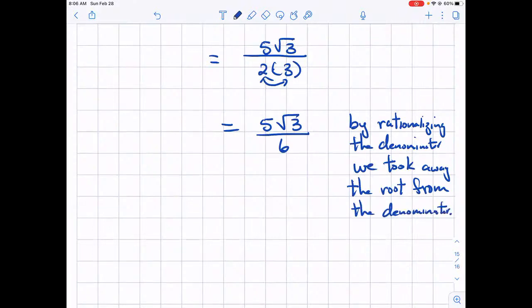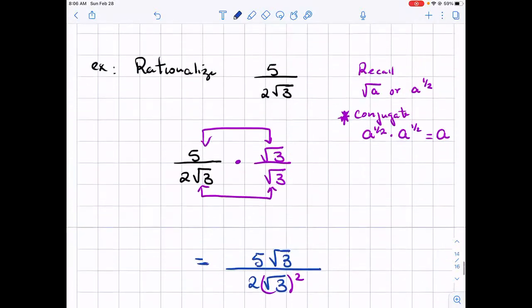If we had been asked to rationalize the numerator, we would have taken away the root from the numerator. In this example, there was no root in the numerator, so the only thing we could have done was take away the root from the denominator.